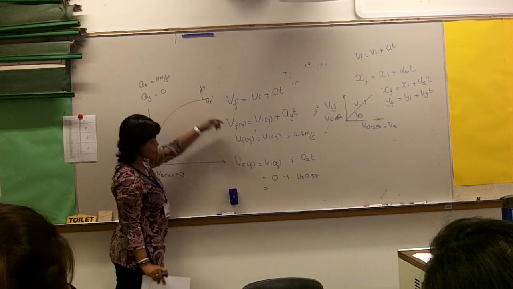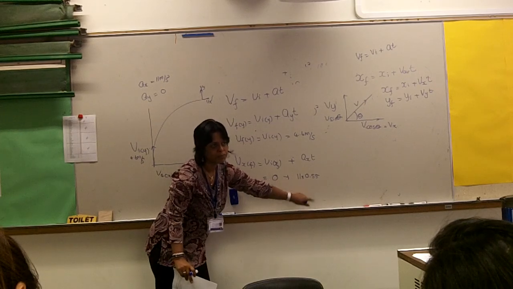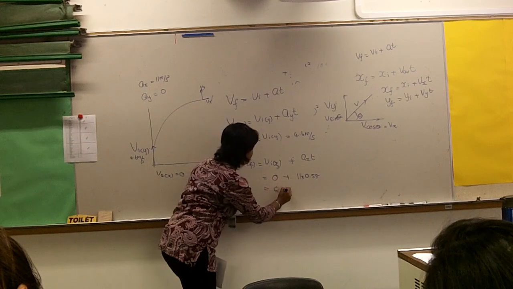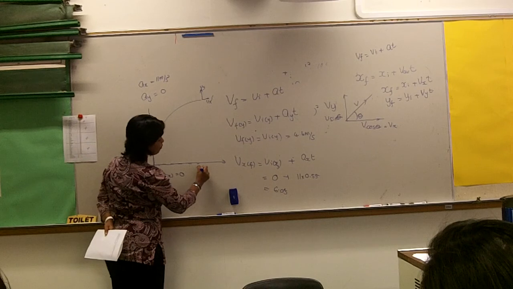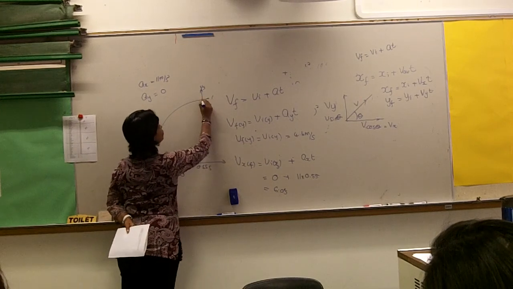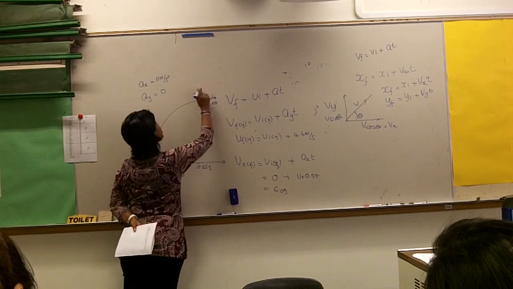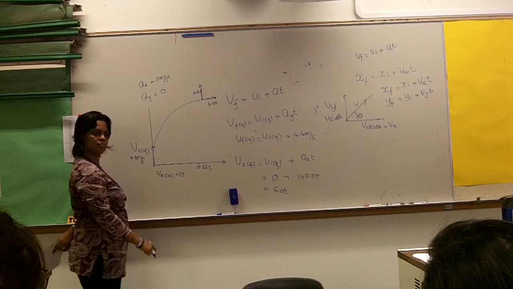So what is the value here? When you calculate, 6.05. So when the time passes 0.55 second, your velocity in this direction is 6.05. This direction is 4.6. Right?